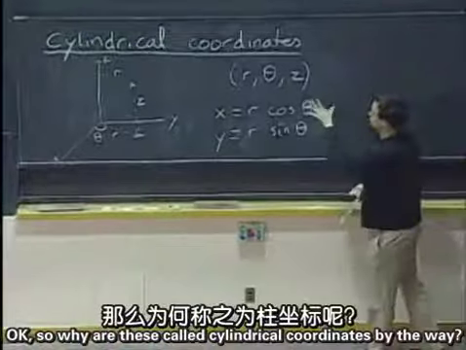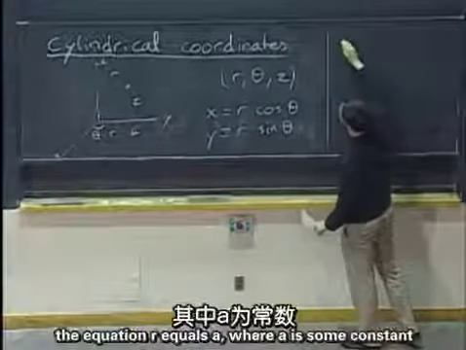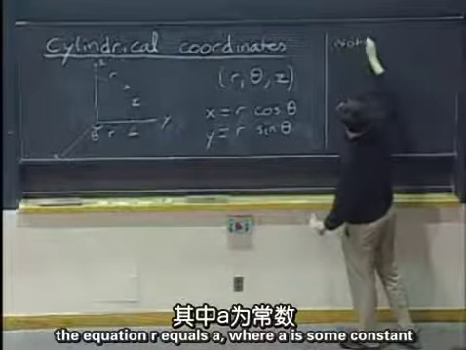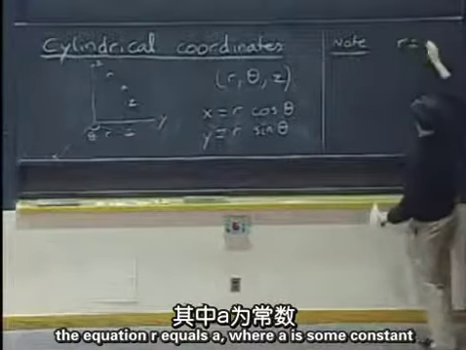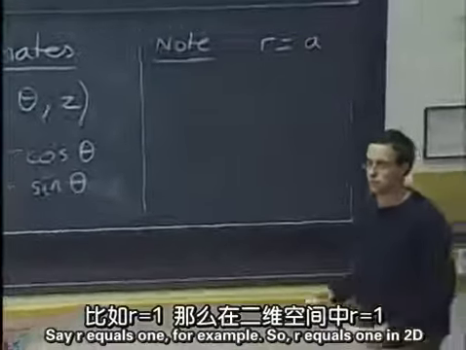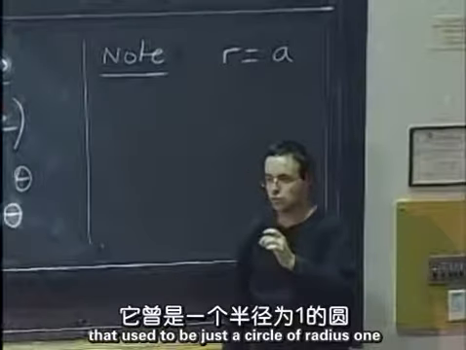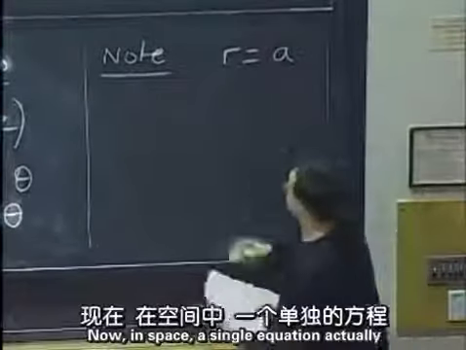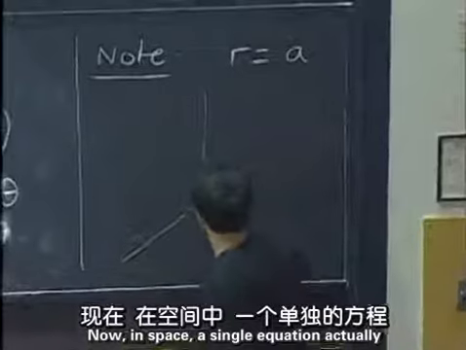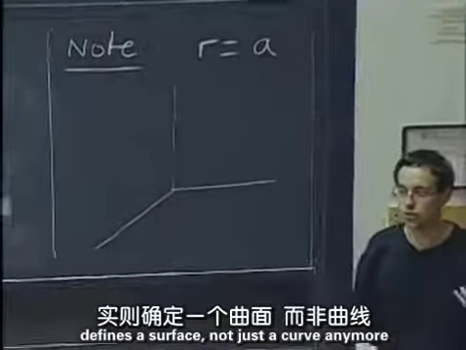Okay, so why are these called cylindrical coordinates, by the way? Well, let's say that I give you the equation r equals a, where a is some constant. Say r equals 1, for example. So r equals 1 in 2D, that used to be just a circle of radius 1. Now, in space, a single equation actually defines a surface, not just a curve anymore.